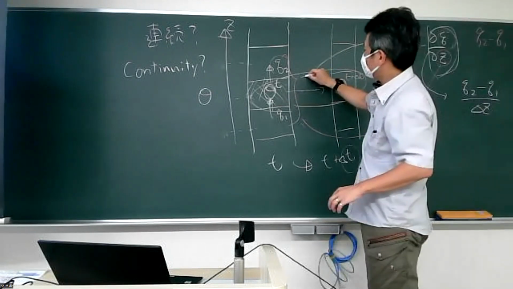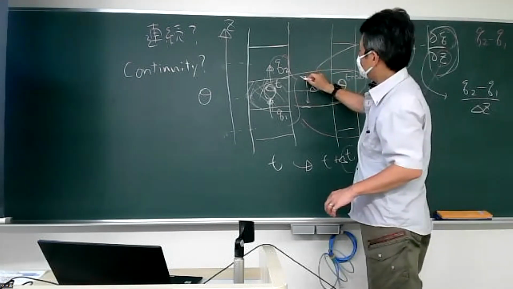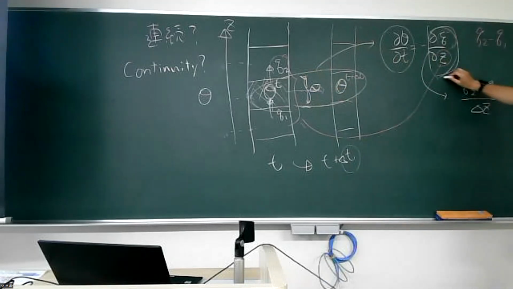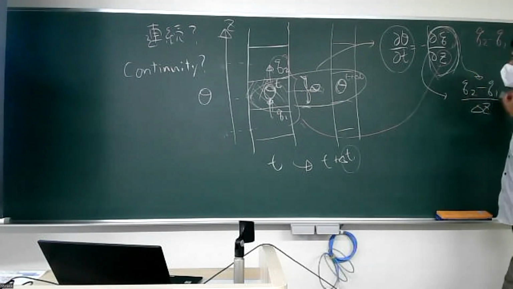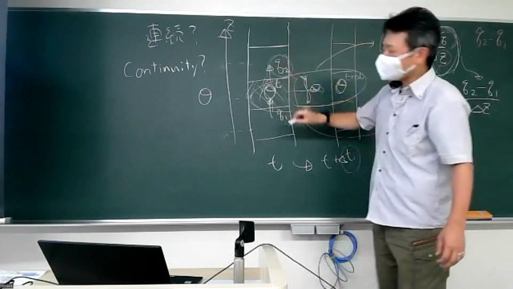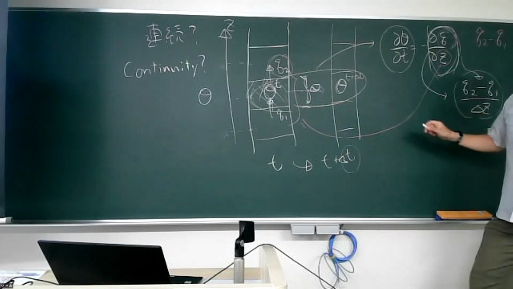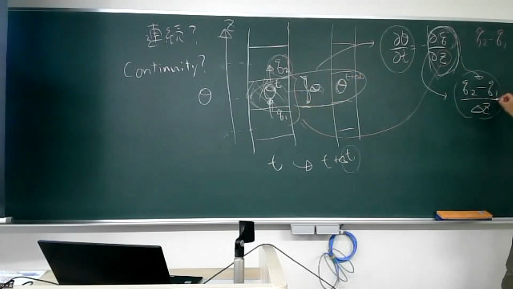And we can write down like this, very small part, Q2 minus Q1. So if this is plus, that is the same as Q2 is larger than Q1, then this equation becomes plus.